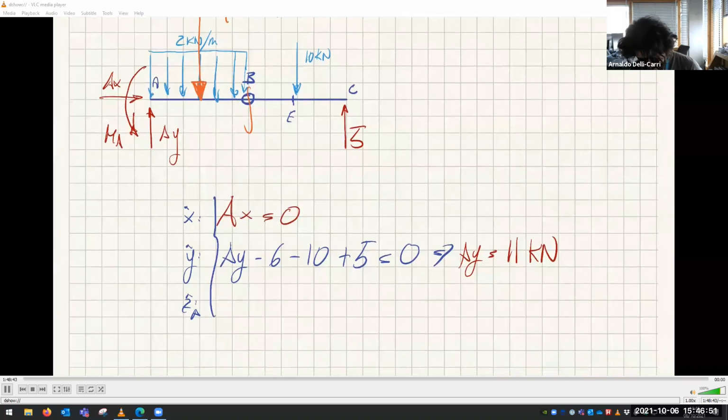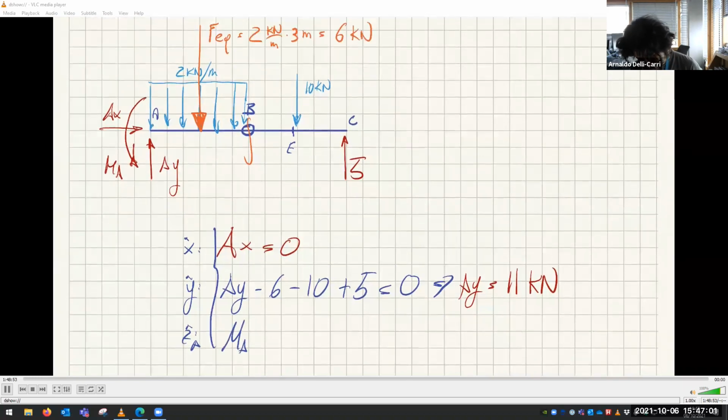And finally, we have that MA, this way, this is positive, counterclockwise, so we have MA. This is negative, minus 6 times 1.5. This is negative, minus 10 times 4.5. 3 is 1.5, 1.5, 1.5. So this is 4.5.